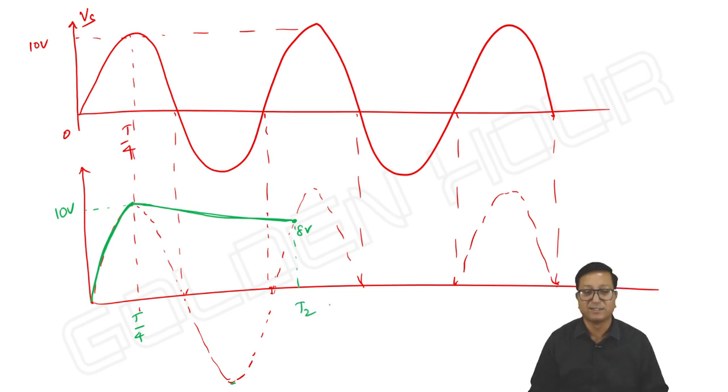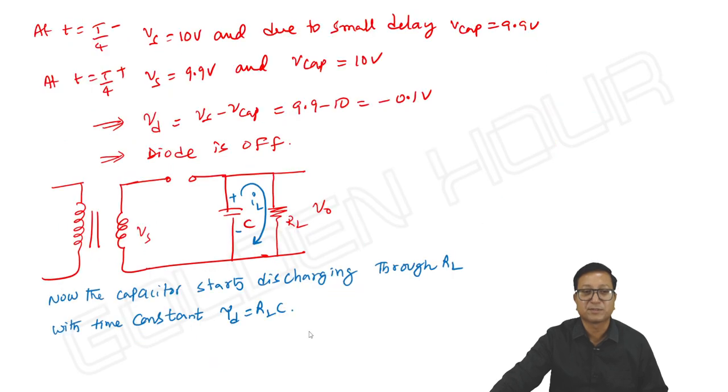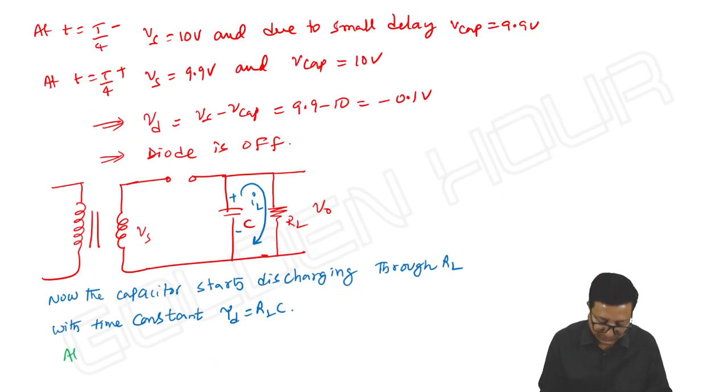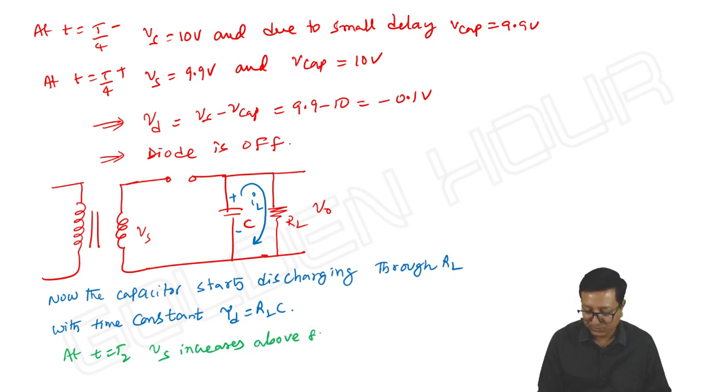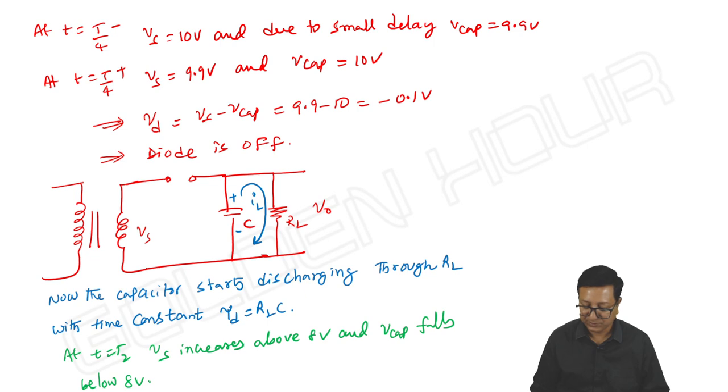At t equal to T2, Vs increases above 8 volts and V capacitor falls below 8 volts. Implies immediately the diode starts conducting.